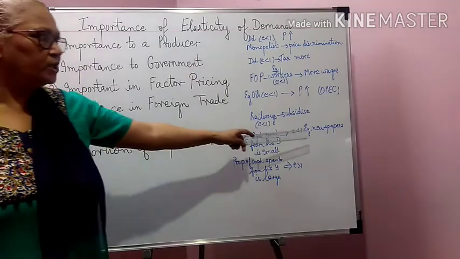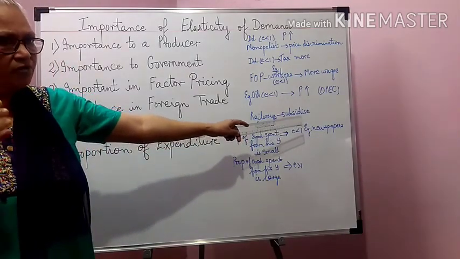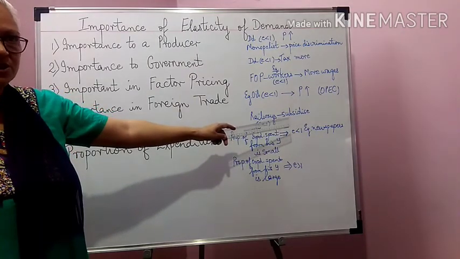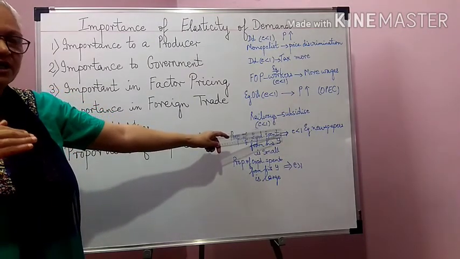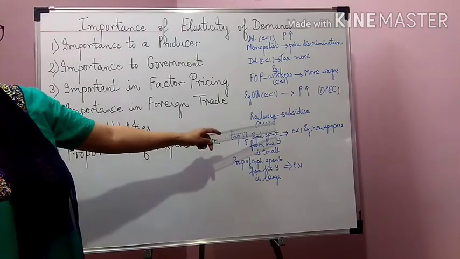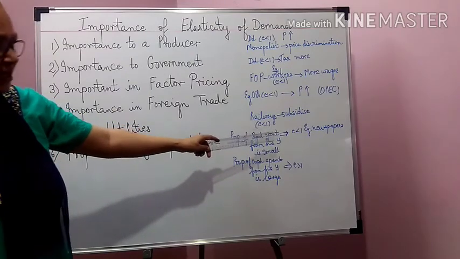For example, you take newspapers. From our total income, a very small proportion of our income is spent on newspapers. So even if cost or expenditure on newspapers rises, still our quantity demanded will not fall. So it is relatively inelastic.